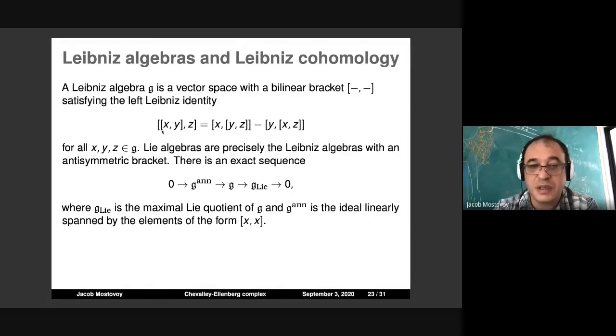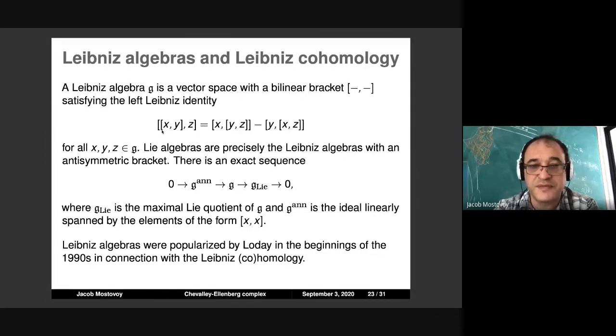So there is always a short exact sequence. If G is a Leibniz algebra, it maps into its universal Lie quotient. And then there is the kernel, which is the ideal, which is linearly generated by the elements of this form.